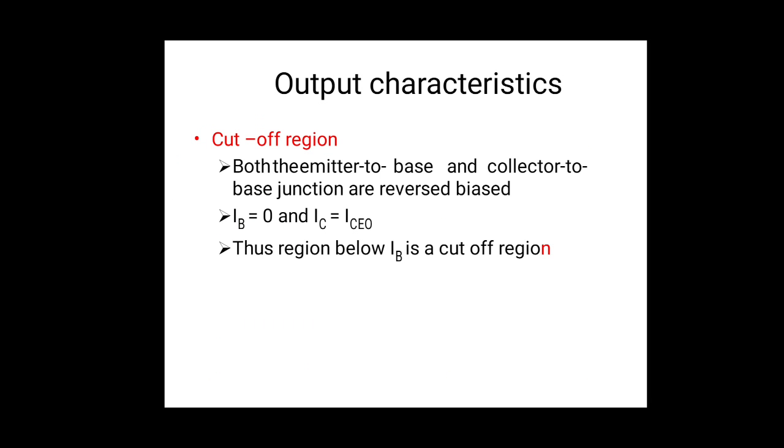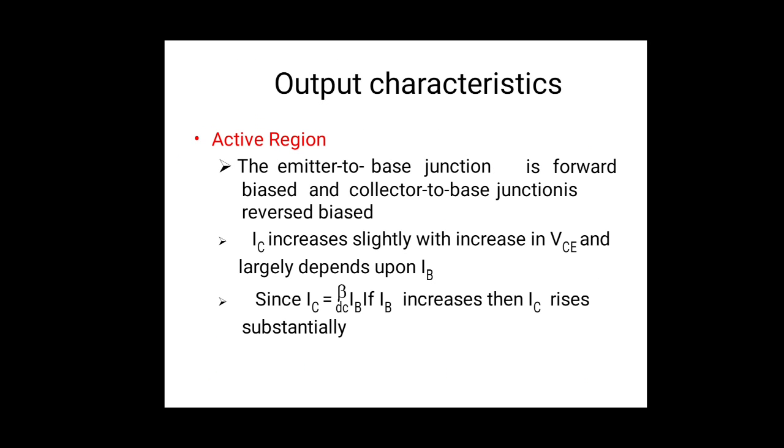Okay, so let us see what the cutoff region is. We already know that there are two junctions available: the emitter base junction and the collector base junction. In the cutoff region both are reverse biased, which means there is no input current and no output current. The second one is the active region.